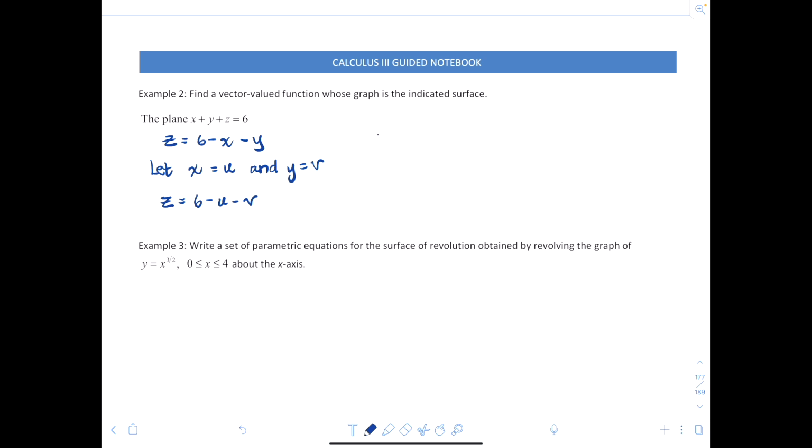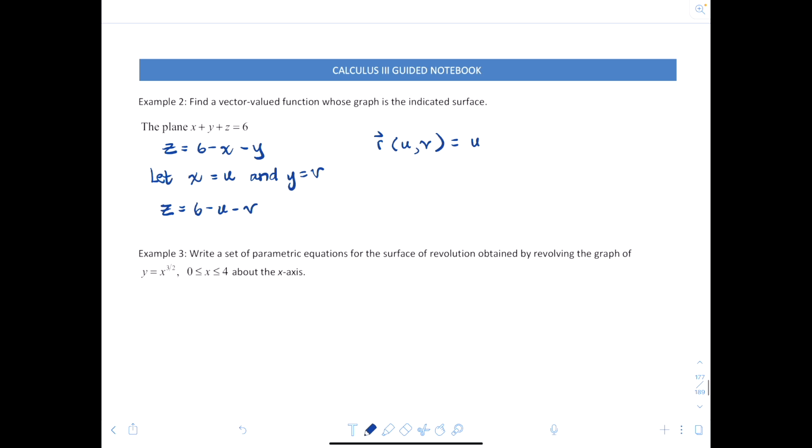So r at u and v will equal to u times i. U is not a vector. U is the function x equal to x of u and v.